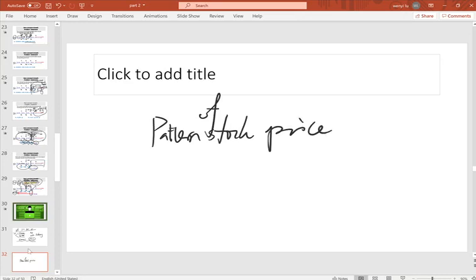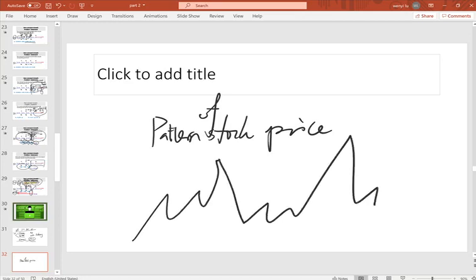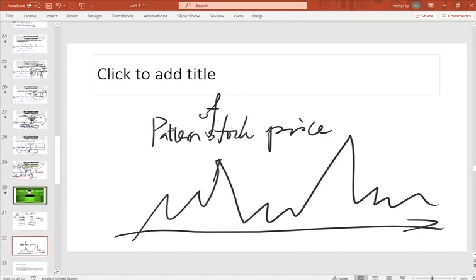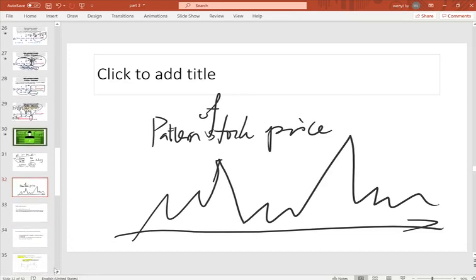You can check the stock price, find the pattern, and determine the future price by looking into the pattern of the stock in the past. So let's look at the details of technical analysis, because maybe you have more interest in this than in reading financial statements.